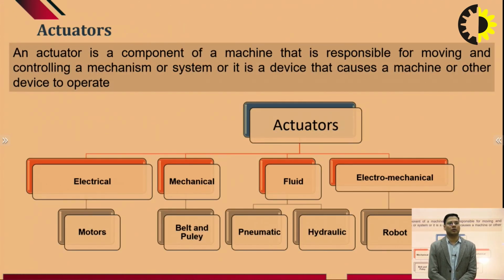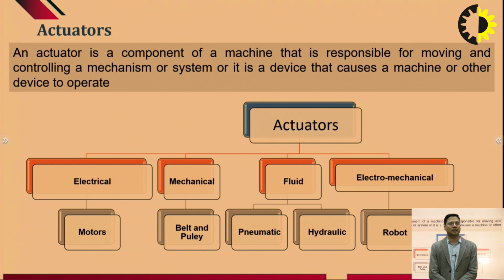Okay. So now comes the action part, which is the most important third part, apart from sense and plan, and act. Therein we have electrical actuation systems, mechanical actuation systems, and fluid based systems. Apart from these, we have electromechanical systems, where all the mechanical parts are moved with the help of electrical signals.